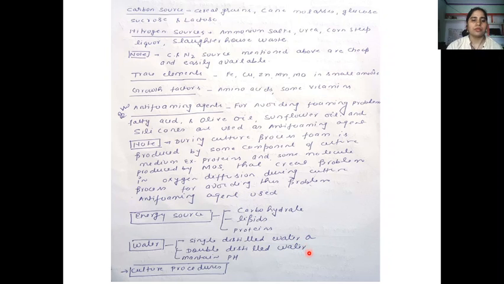Water also helps to maintain the pH of the medium, because microbes grow at a particular pH and temperature. It is a very important parameter for growing microorganisms from an industrial point of view, because these microorganisms are used for producing commercial products.